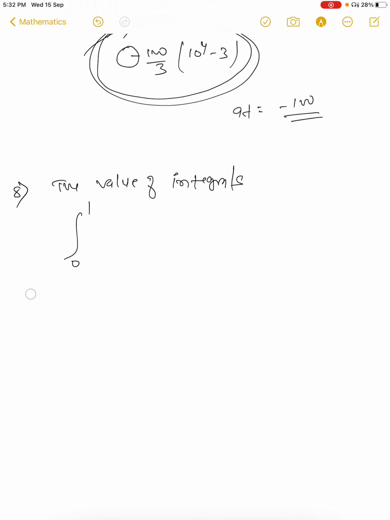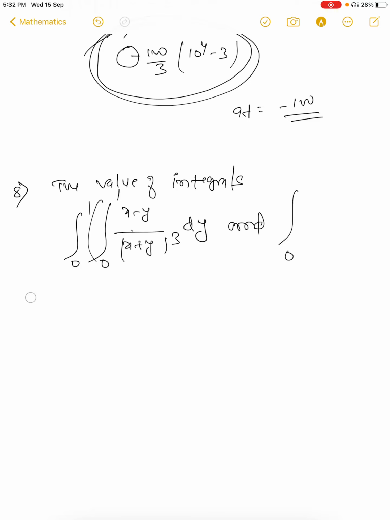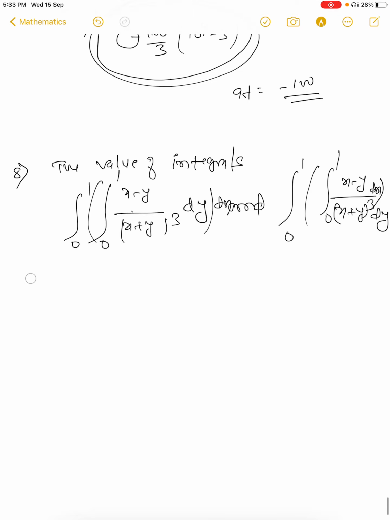Integration 0 to 1, and once again integration 0 to 1 of (x minus y) upon (x plus y) cubed, dy dx, and the other one is dx and then dy. Okay, the only difference is dx dy and dy dx. First integrate in terms of x, then y, like this way.